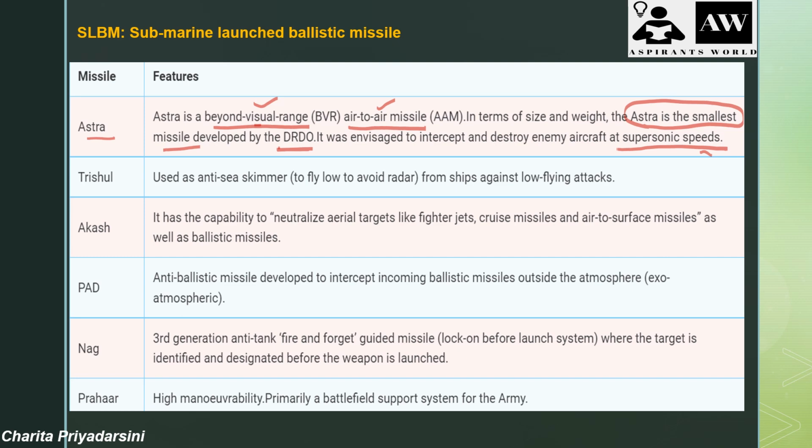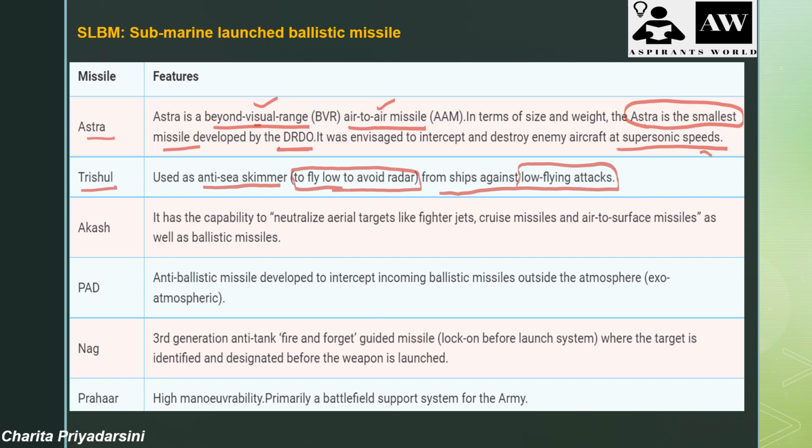And the next one is Trishul. Trishul is used as an anti-sea skimmer, flying low to avoid the radar. So this is very important. The Trishul flies very low to avoid radar, and it is referred to as an anti-sea skimmer, used from ships against low flying attacks. So the Trishul is basically used for low flying attacks.